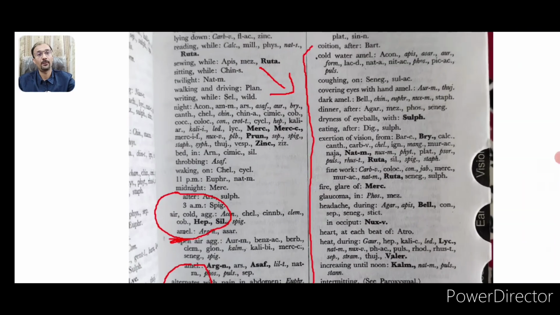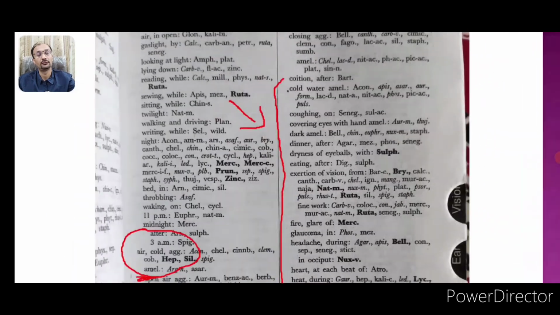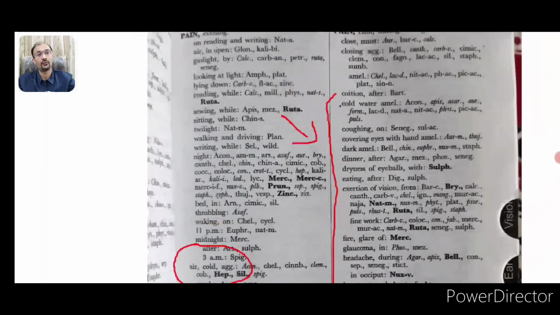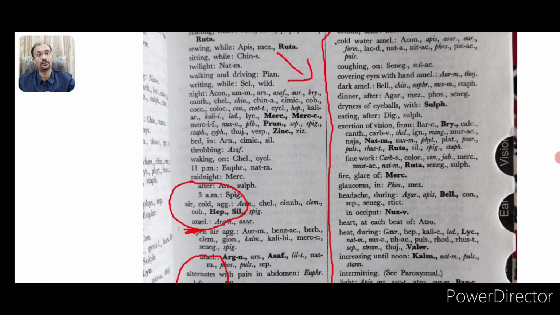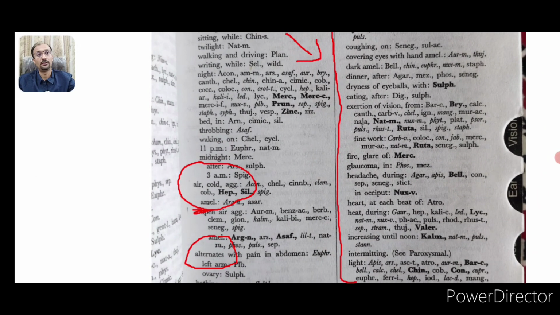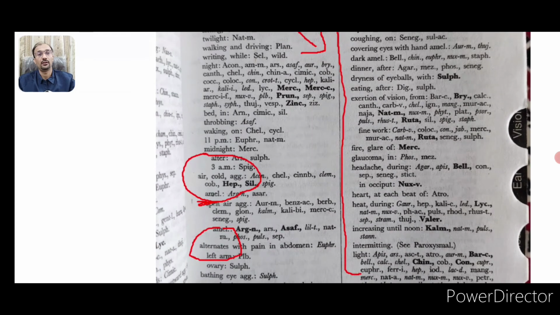After time modality, we have modalities. So now this rubric is midnight, and when it ends, we are going to have a modality. This is air, cold.